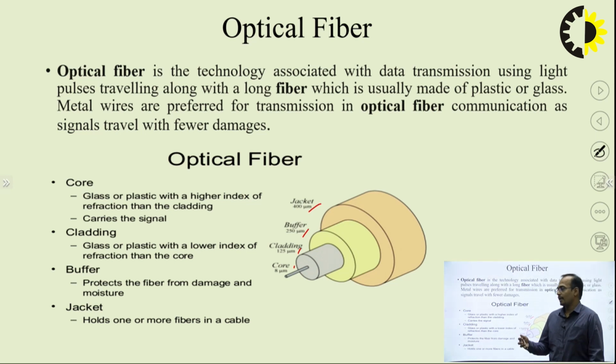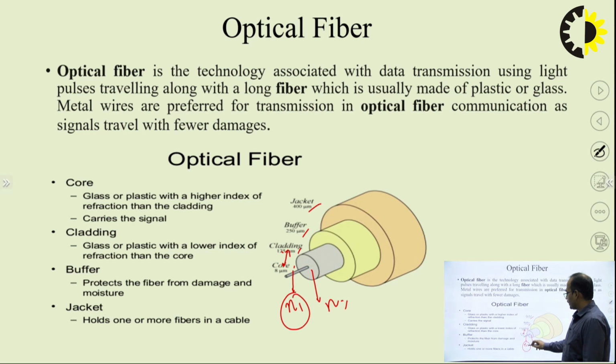If I talk about the dimensions of the core and cladding, the cladding is almost 15 times the dimension of the core. Suppose the refractive index of the core is N1 and the refractive index of the cladding is N2, then N1 should be greater than N2.